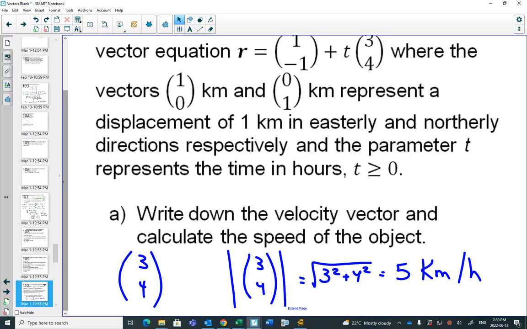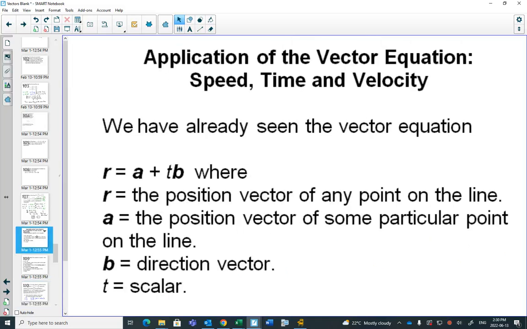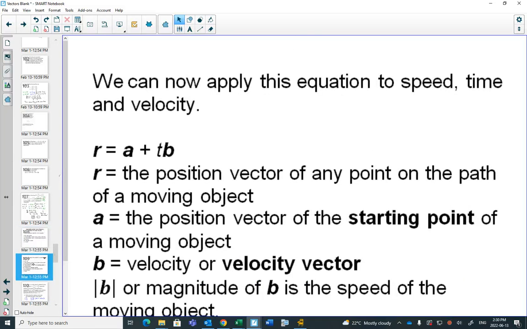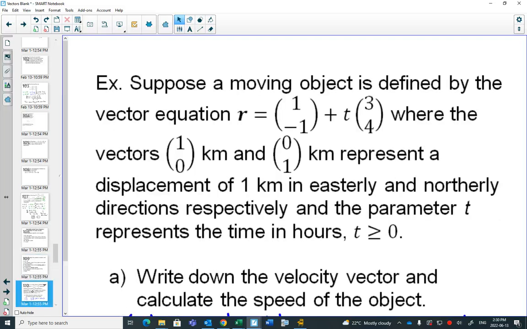So for those of you that just got here, we are doing the application of the vector equation to speed, time, and velocity. The newest things are that your direction vector is your velocity vector. The length of your direction vector is the speed that the object is going. And t stands for time.